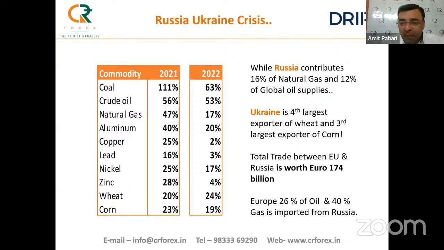Prices will not come down, क्योंकि रशिया जो है वर्ल्ड का 12% oil supply करता है. US is thinking that they might put a sanction on Russia for oil export. यूक्रेन जो है वर्ल्ड का 4th largest wheat exporter है and 3rd largest corn exporter है. तो ये सब commodities जो है, it will be in a bull run. So we are entering into a phase where inflation is gonna be permanent.